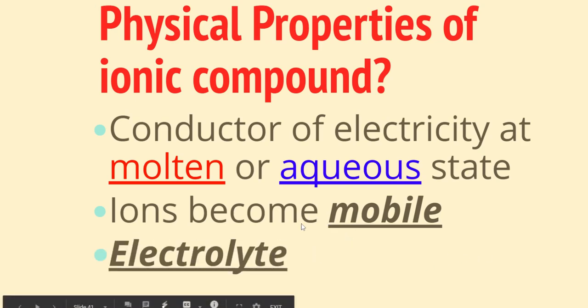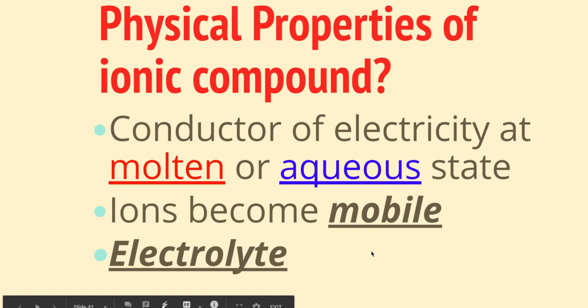But because of this, you're breaking the ionic compound apart. That's why we call this type of substance electrolytes. Electro means using electricity, lyte means break down. So that means using electricity can break down this substance.